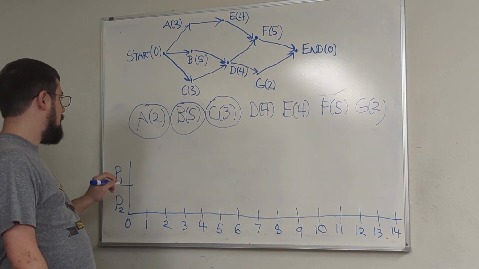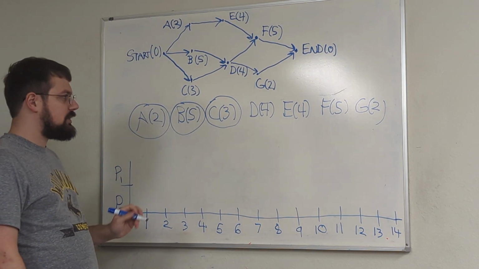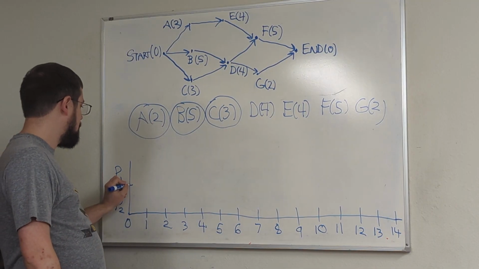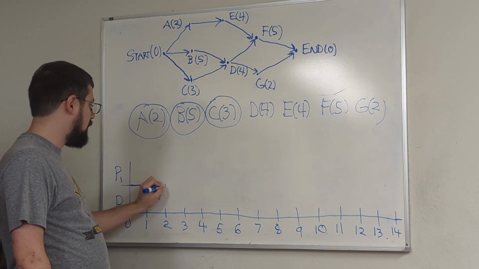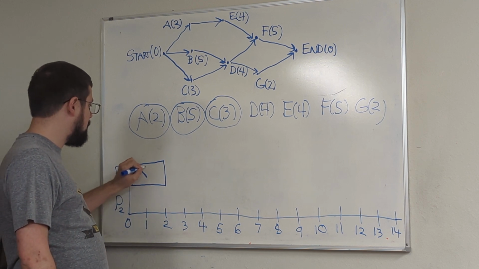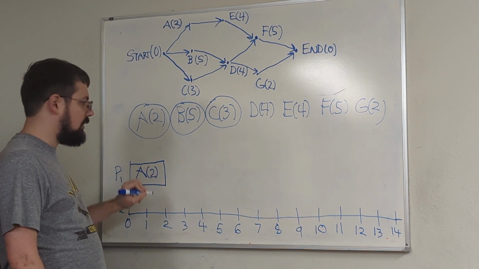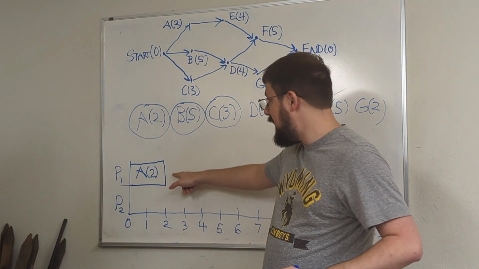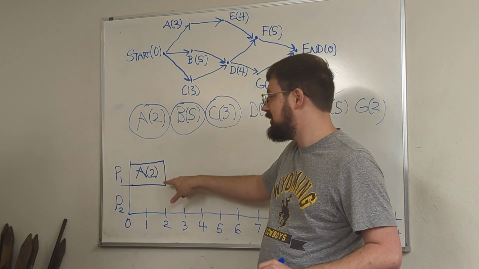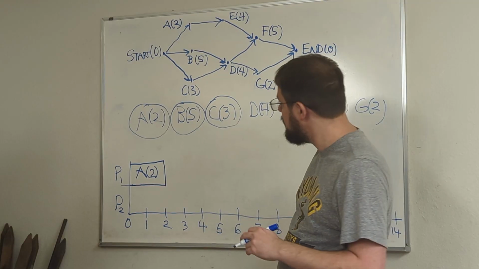A is going to take 2 hours to complete. Let's just say we're dealing with times in hours here. So on our schedule down here, we're going to add a little bar for A that goes up to 2, so a length of 2 because it takes 2 hours to complete.